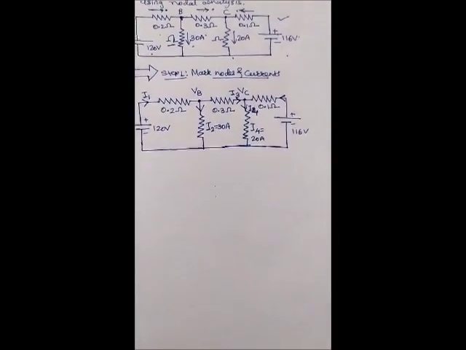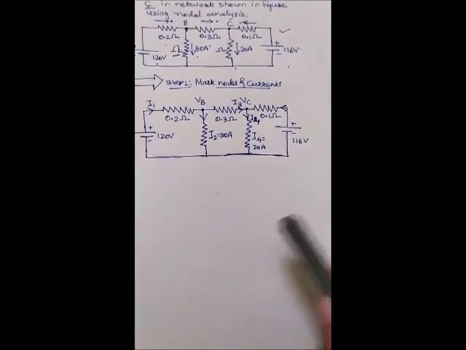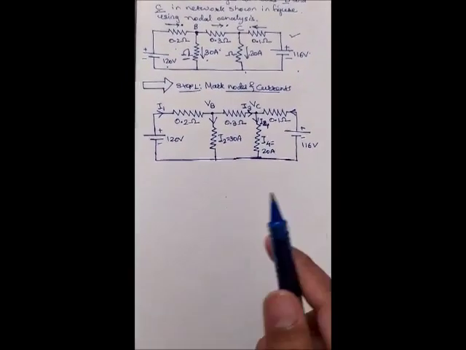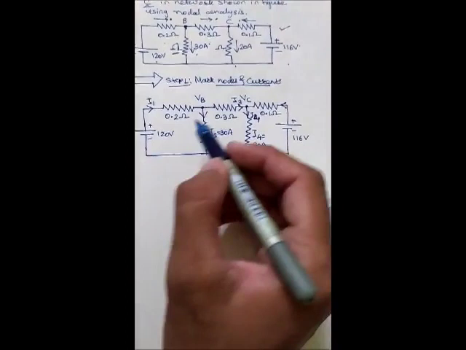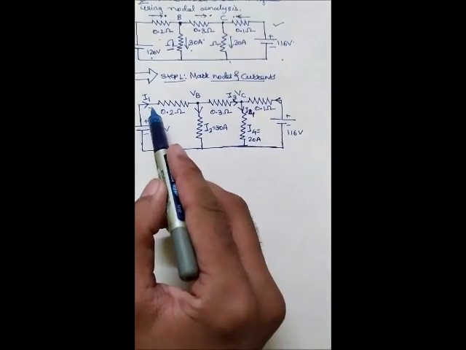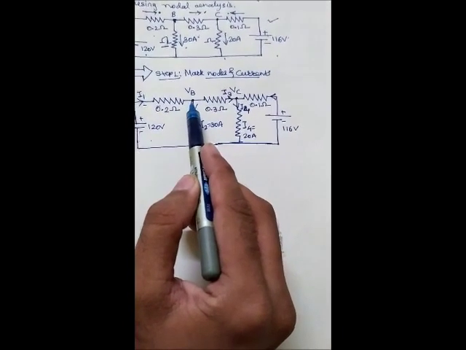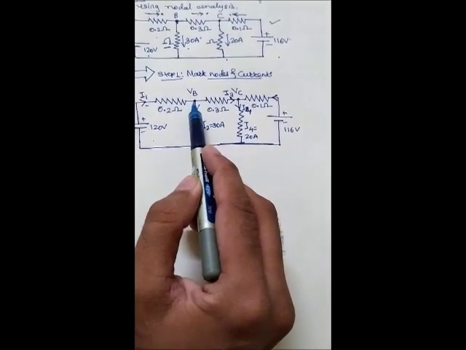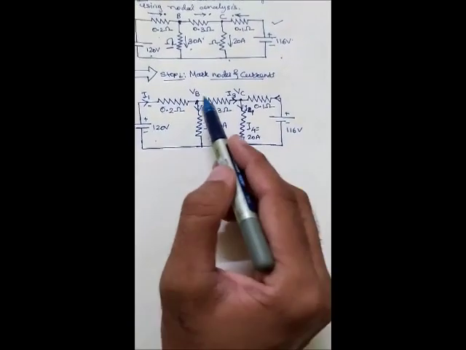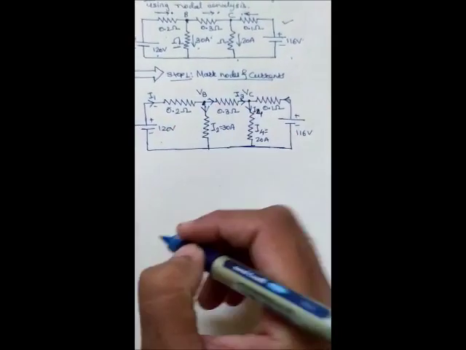See here, this is step 1, that is mark the node points and currents. Same circuit I have repeated here, and I have done the division of this current. This is the 120 volt voltage source. From this, I1 current is flowing from 0.2 ohm up to node B, so up to node B it is I1. From here onwards it is divided into I2, and this current goes towards I3.